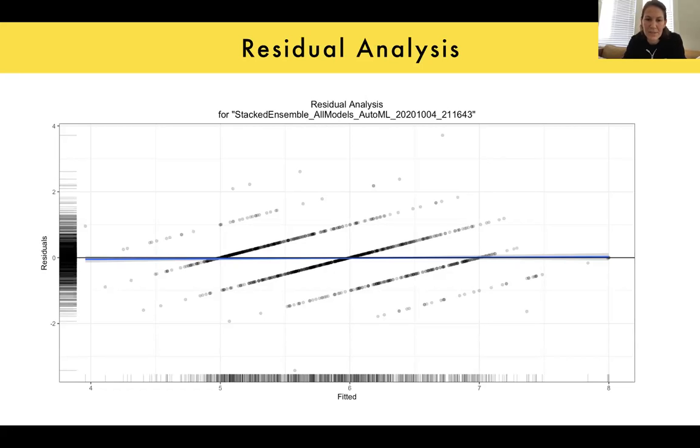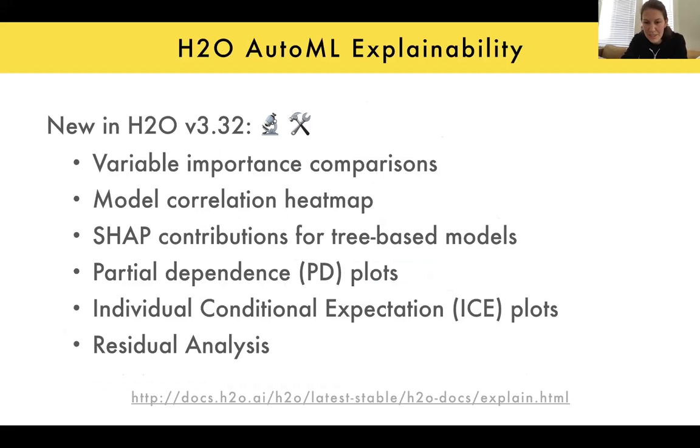So for residual analysis, it's basically looking at the difference between the predicted value and the actual value, and looking at any patterns there. This is kind of a weird one because the data set I'm using, at the URL at the bottom, the explainability user guide, is an example where you're predicting wine quality.